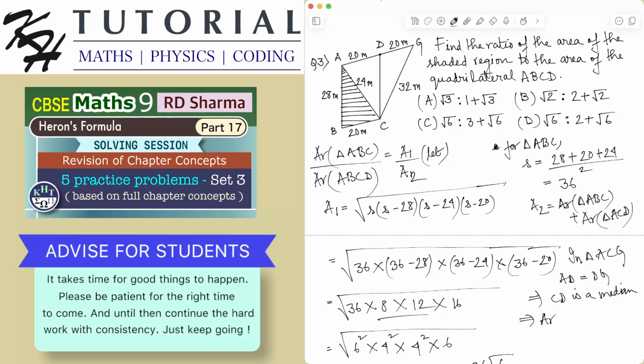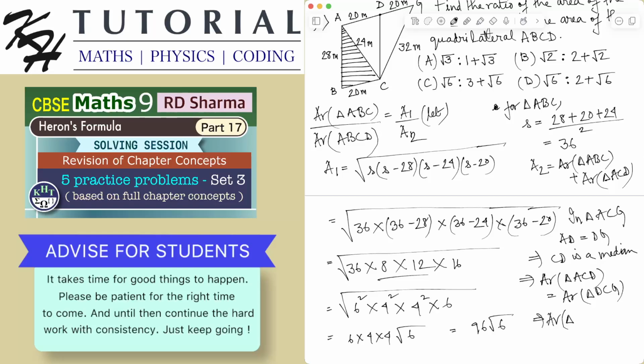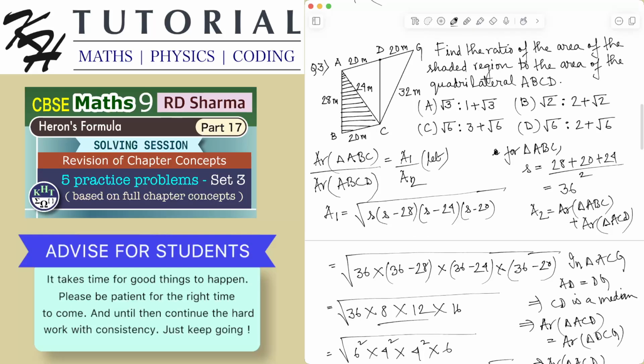So area of triangle ACD should be equal to area of triangle DCG. This implies that area of triangle ACD will be equal to half the area of the triangle ACG. We can easily find the area of the triangle ACG because we know the length of all the sides.